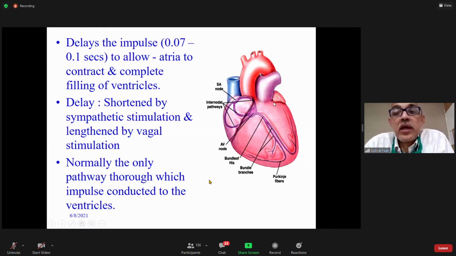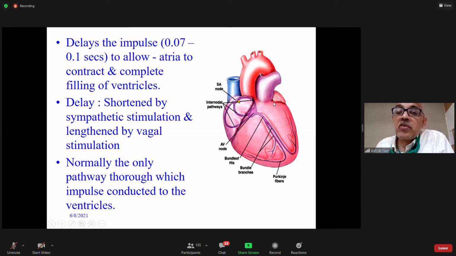This AV junction delay is shortened by sympathetic stimulation or lengthened by vagal stimulation. This AV junction is the only pathway through which the impulse reaches from the SA node to the ventricles.